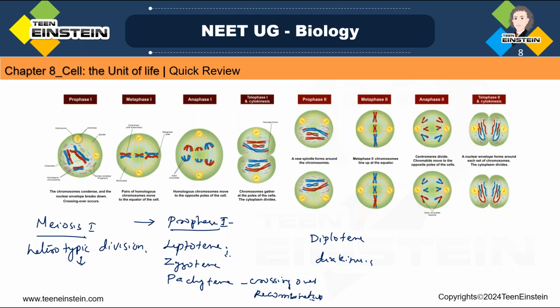Pachytene stage. Okay. And the mutual exchange of corresponding segments of non-sister chromatids of homologous chromosomes takes place in pachytene. See, in crossing over, the non-sister chromatids are getting exchanged. So there is recombination, and different combinations you can see here.